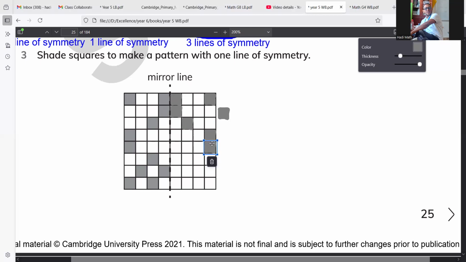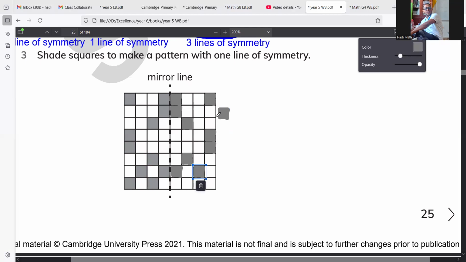You should go one by one. Then this one here is one away, so you just make it one away. This one is over here, so you just make it here, to be folded with this one. Then you shade the other one. This one is just two away from the mirror line.